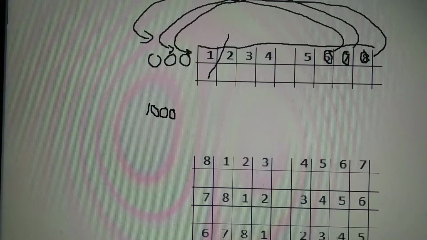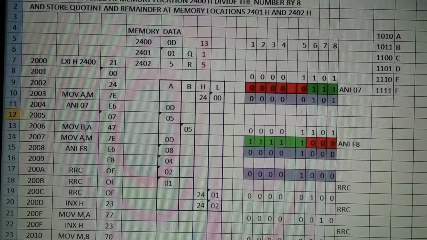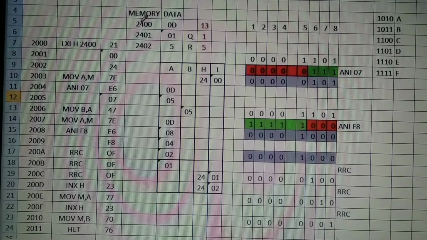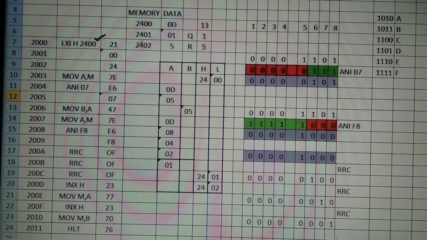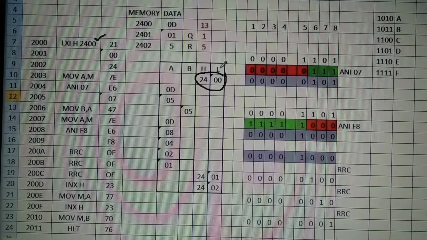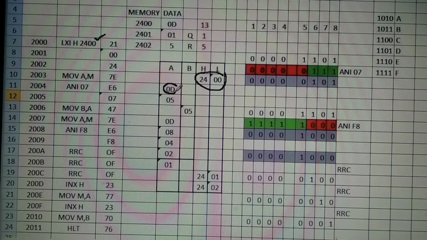Now we will proceed to the program. Here the number is at 2400. LXI H 2400, HL will get the address 2400. MOV A,M will get the number 0D.